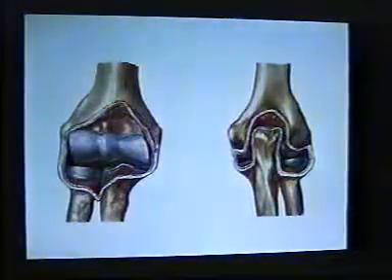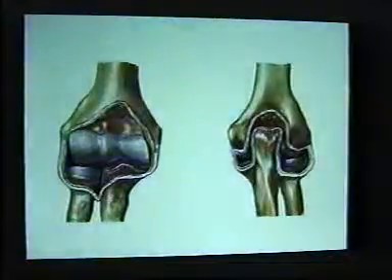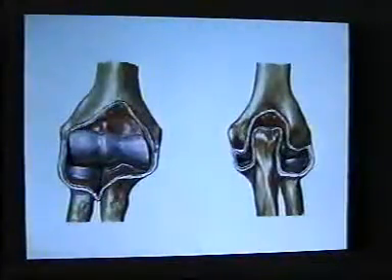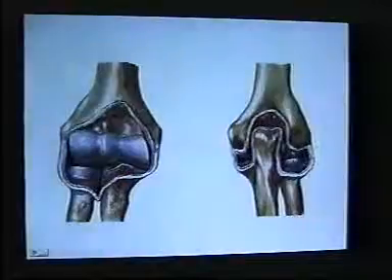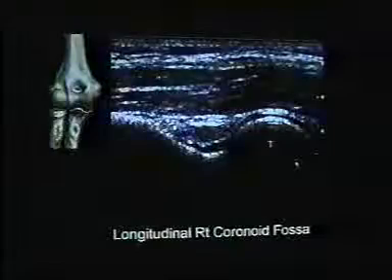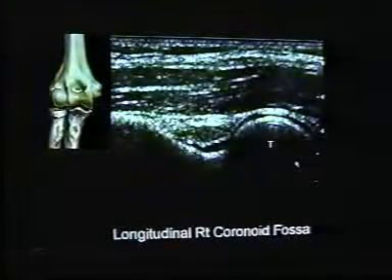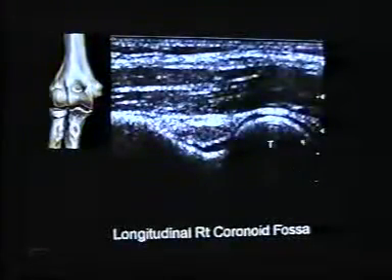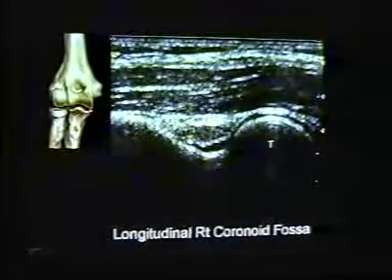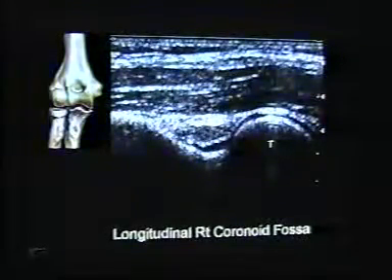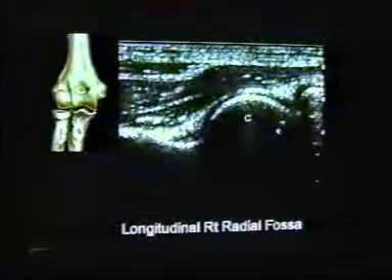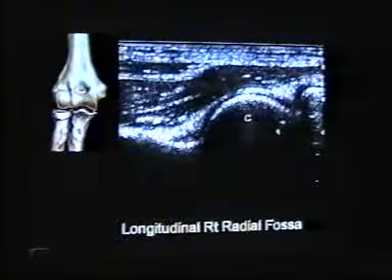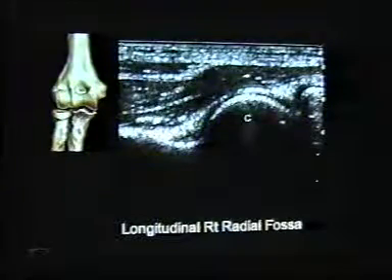Here you can see those recesses of the joint synovium. Then comes the longitudinal right coronoid fossa. Here is the coronoid fossa, and the longitudinal view of the right radial fossa again.